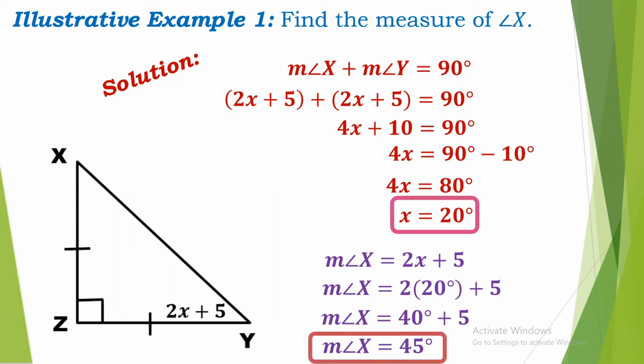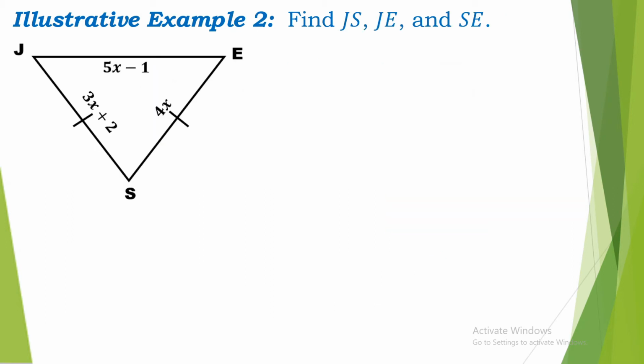Let's have our second example. Given triangle JES, find JS, JE, and SE. Now, based on the figure, segment JS and segment ES have an equal number of tick marks. That means those two segments or two sides are congruent.